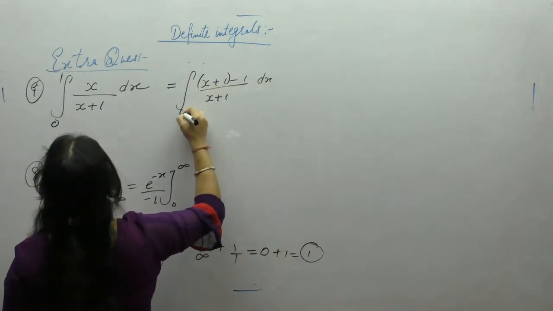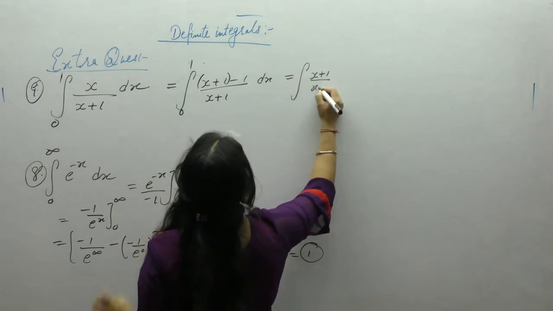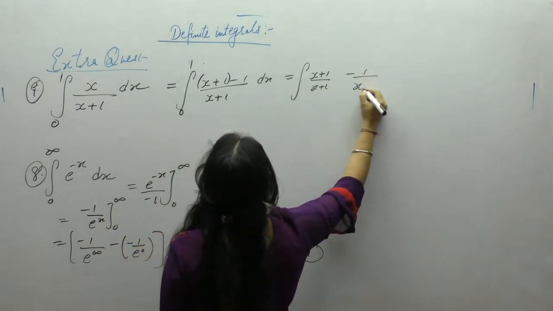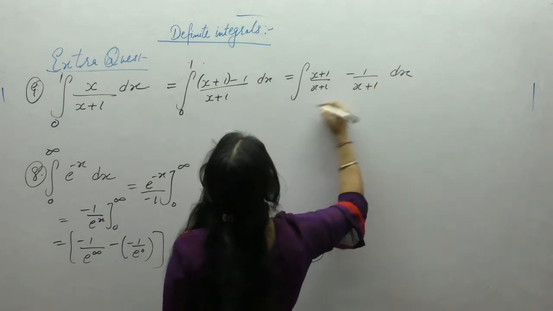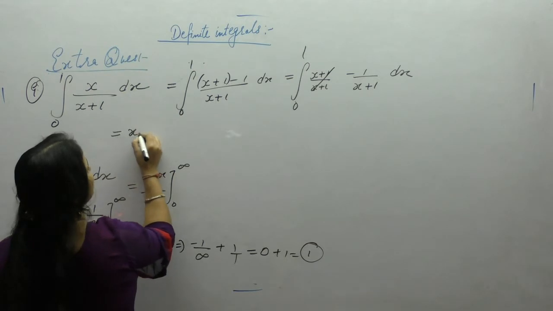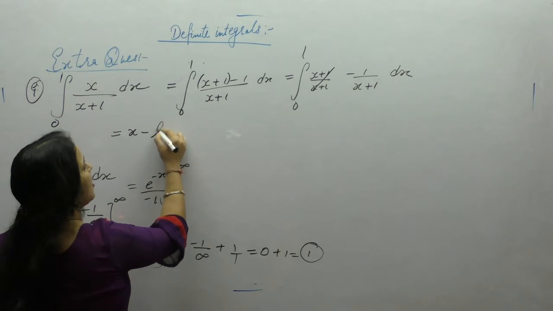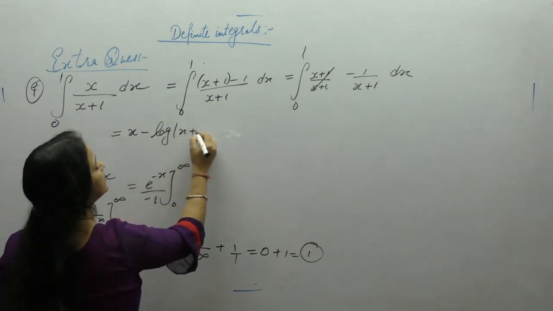X plus 1 as one term and separate the terms. Integral of 1 is x. Integral of 1 upon x plus 1 is log of x plus 1.